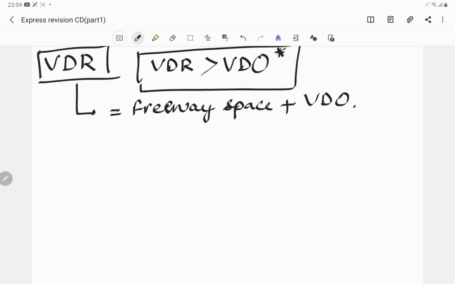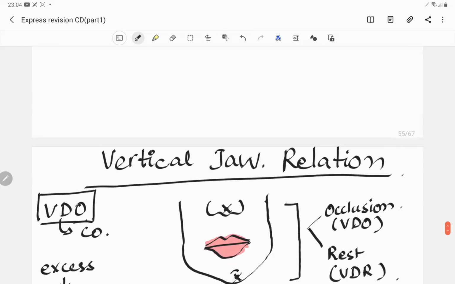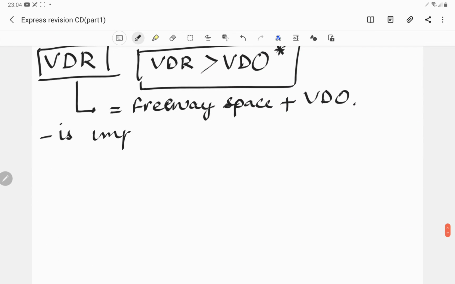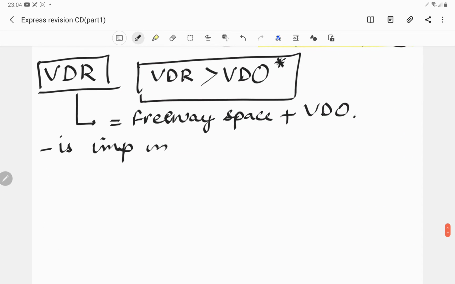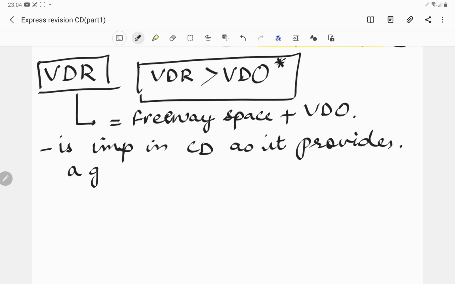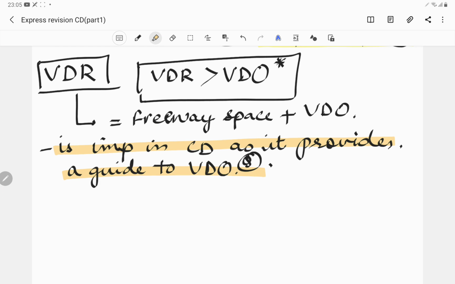Vertical dimension of rest is very important in complete denture because it provides a guide to the vertical dimension of occlusion.